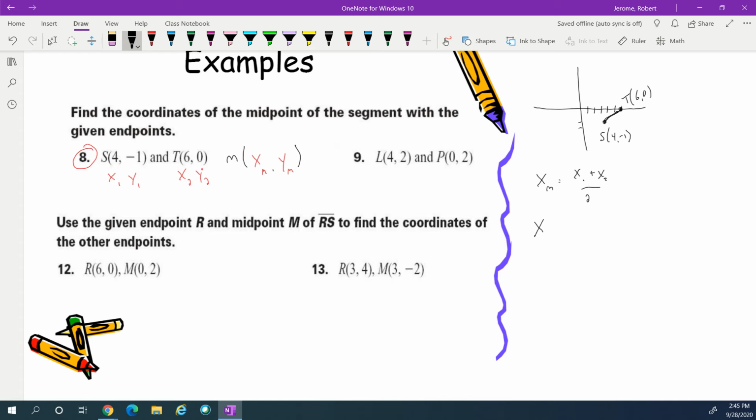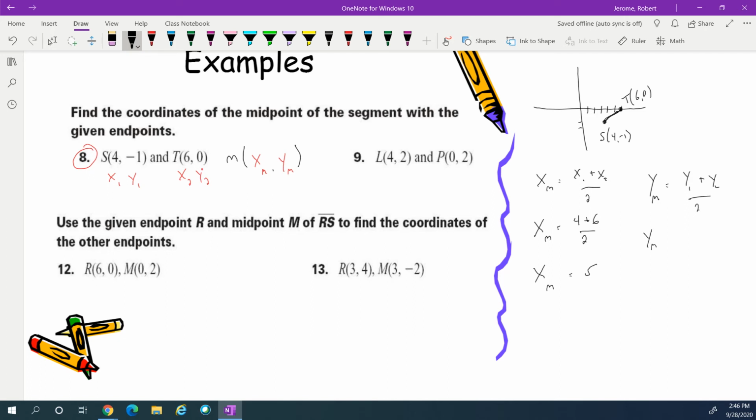So the x value for the middle equals 4 plus 6 over 2. The x value of the middle equals 5. Now I'm going to do the exact same thing, but for the y's. The y value of the middle is the y of one end plus the y of the second end over 2.